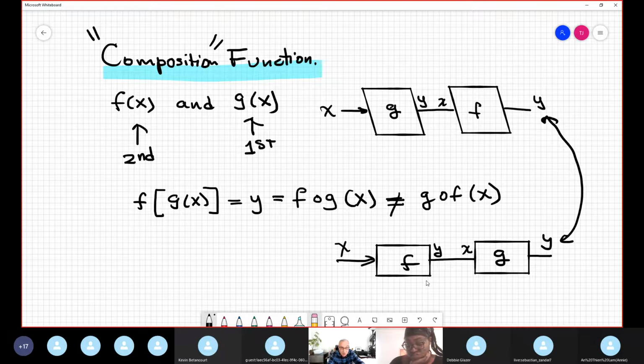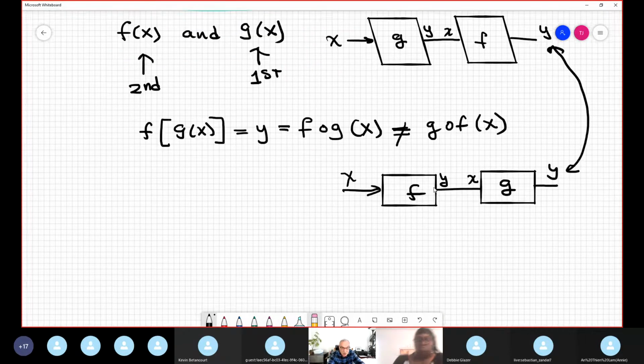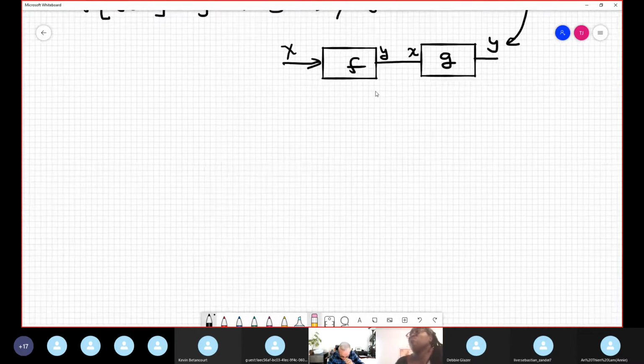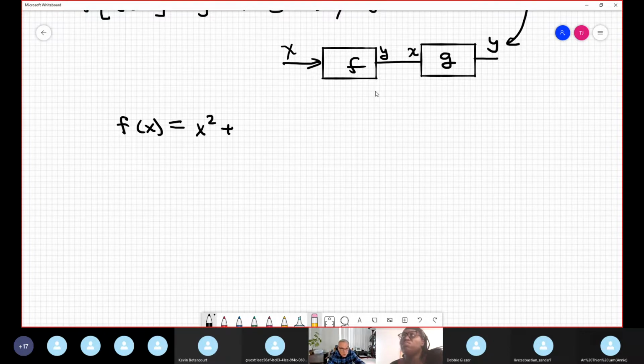Now, let's see an example to understand more clearly. For example, you have two functions: f of x equals x squared plus x plus 1, and another function g of x equals 2x plus 3.